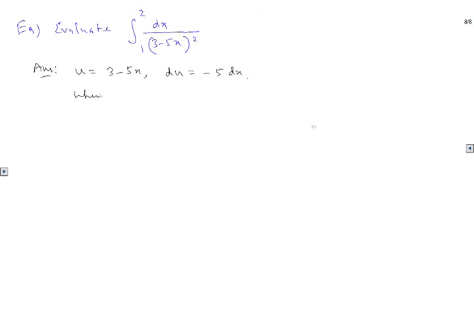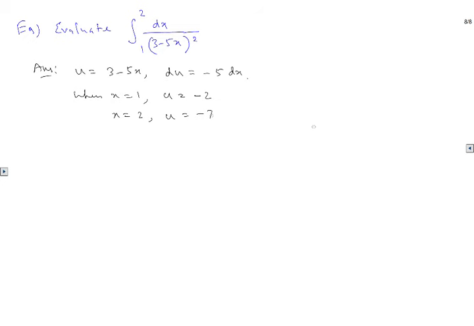When x equals 1, how much do you get? You get u equals negative 2. And when x equals 2, that's the upper limit, u equals negative 7. Okay, those are the new limits.